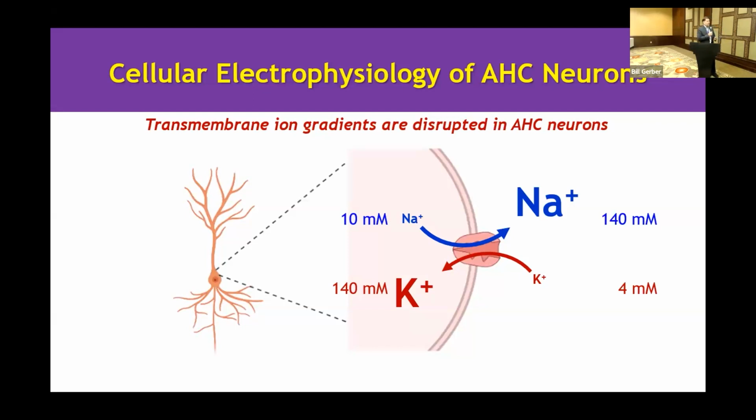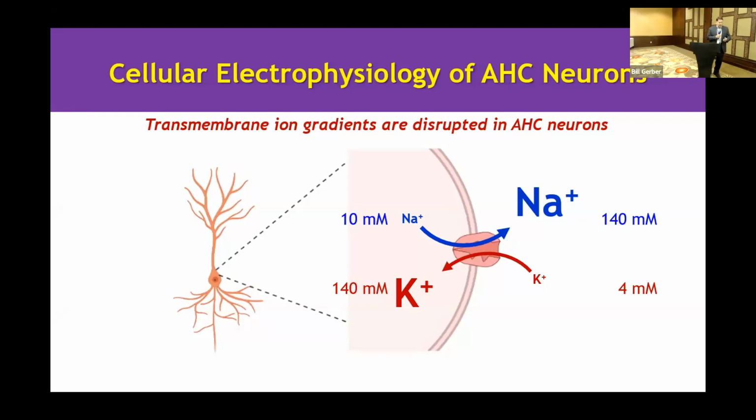So under normal physiological conditions, this is a cartoonish drawing of a neuron and a cell membrane of the neuron, and this large blob in the middle is the ATP1A3 doing its job, pumping sodium out of the cell, and that keeps the concentration of sodium inside the cell low while it's pumping potassium into the cell and causes the concentration inside the cell of potassium to be high. So normally, this is the concentration differences. Sodium is very low inside of the cell and very high outside of cells, and it's the opposite for potassium.